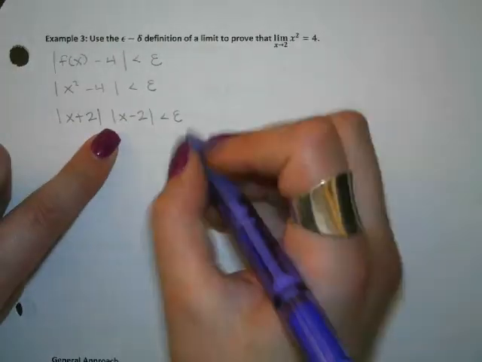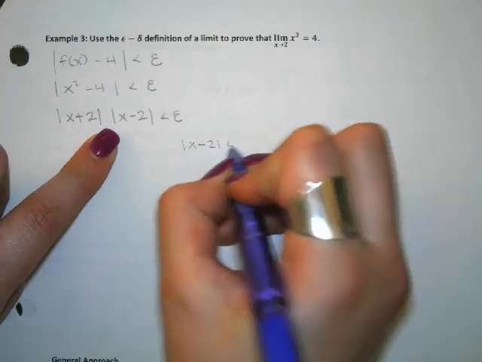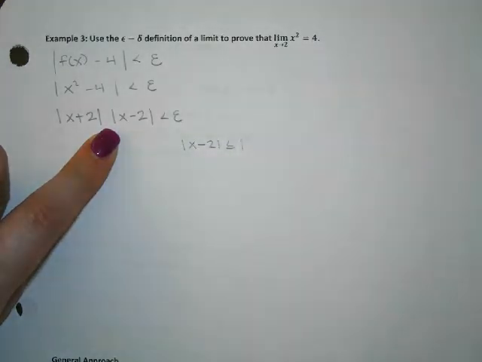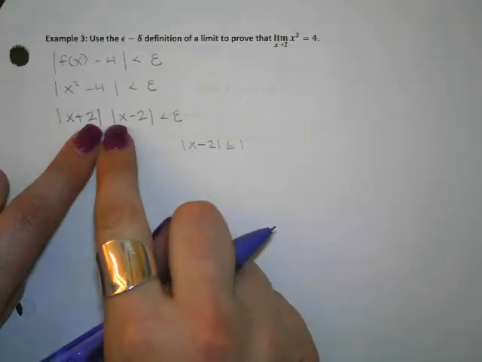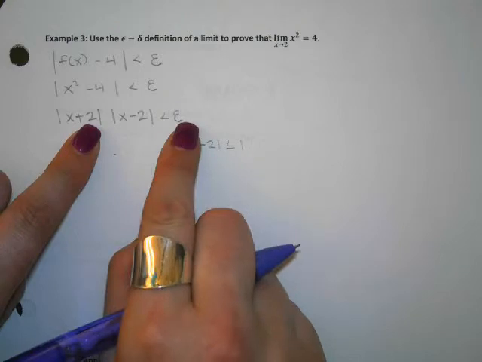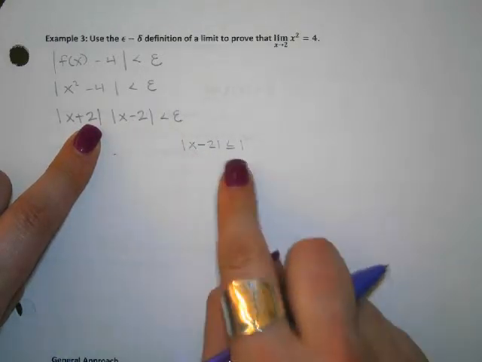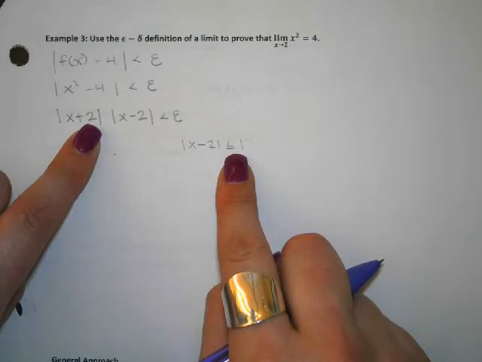Okay, we're going to show some work here. We're going to say that x minus 2 is less than or equal to 1. What they do is they say, in a situation like this, where you cannot easily isolate the epsilon, you're going to take the factor that you're trying to look for, and you're going to say it's less than or equal to 1. I think that's that idea of that small positive value.